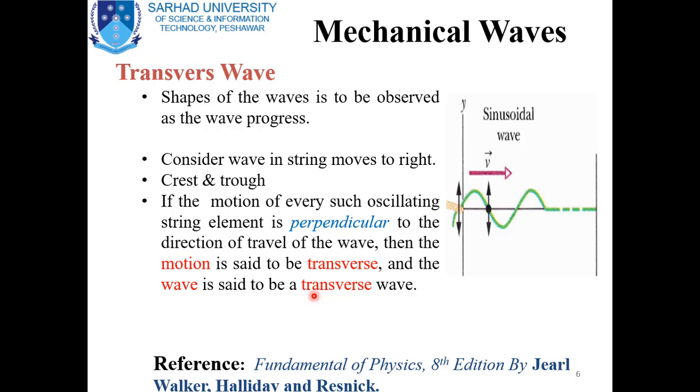So simply, if the motion of the particles of the medium is perpendicular to the direction of the propagation of the wave, then such a wave is called a transverse wave. Examples of transverse waves are the ripples on the water surface and the wave in a string.